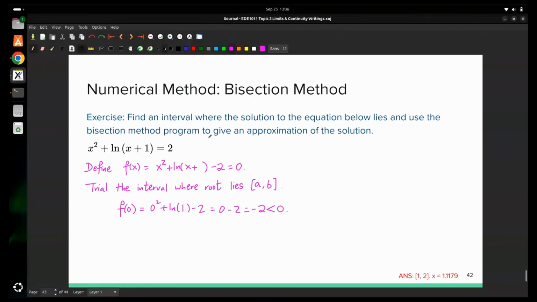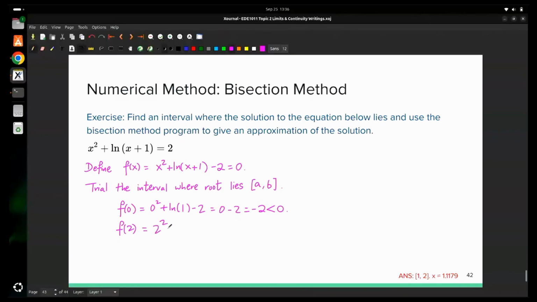So I want to find a b value such that my f becomes positive. Certainly, I can choose any big enough x, but if you want your bisection method to converge to the root fast, then of course, don't make the interval too big. If you put in 1,000, you're definitely going to see the root inside. So if you try f of 2, you'll get it already.